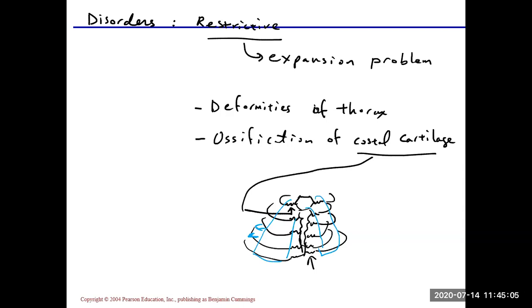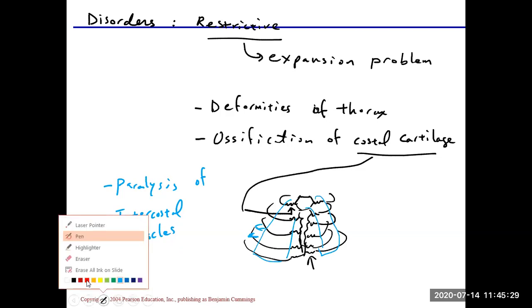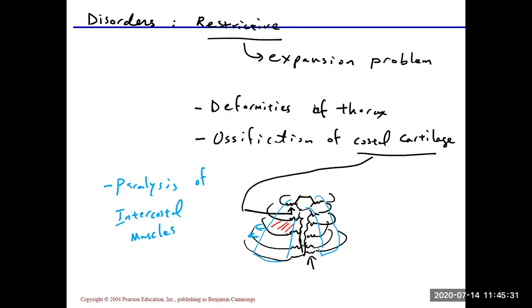Another expansion problem could be paralysis of the intercostal muscles. If you recall, the intercostal muscles were between the ribs.